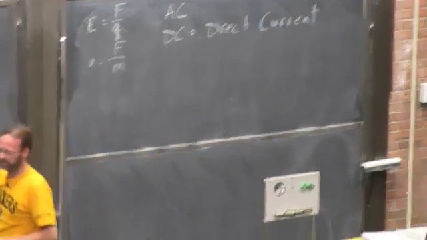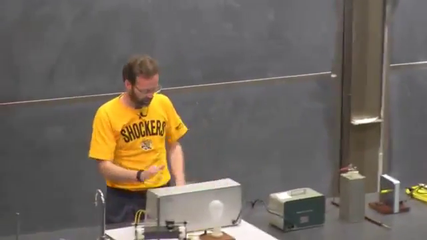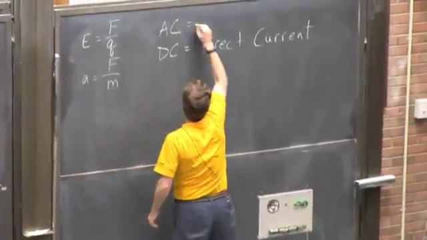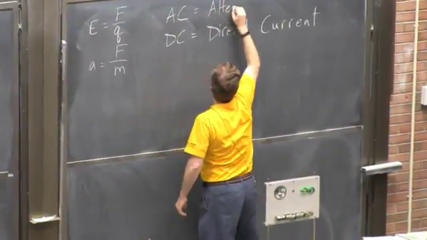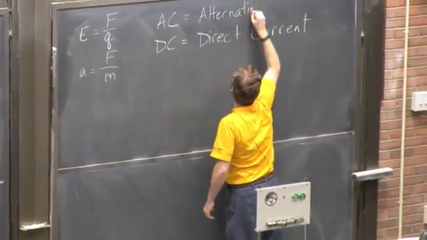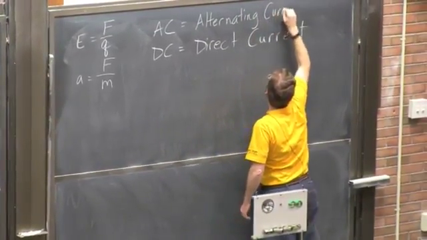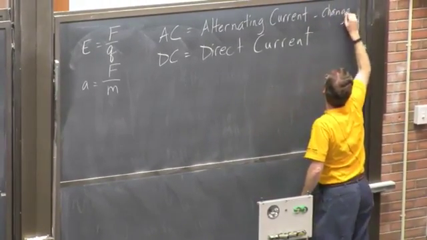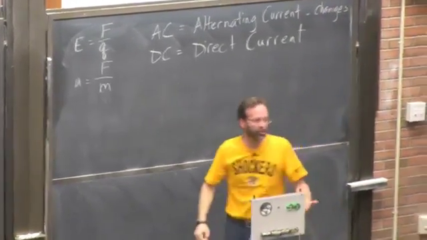This power supply, for example, has two switches. I can provide direct current, or I can provide alternating current. So as the name implies, that one alternates.